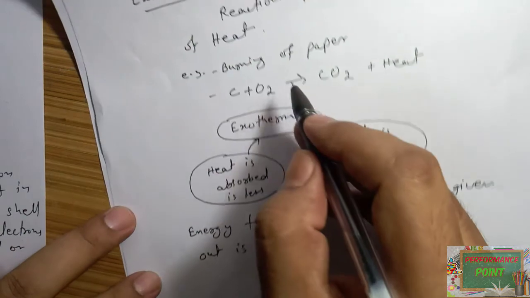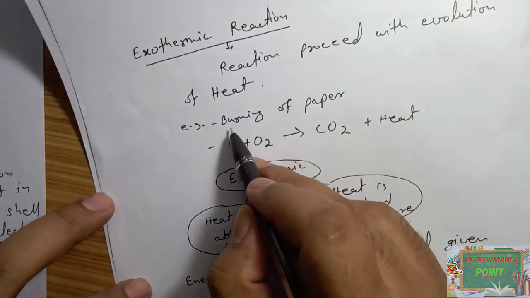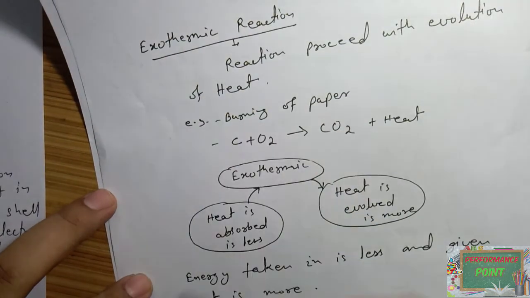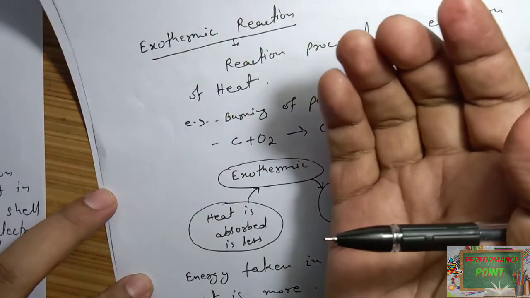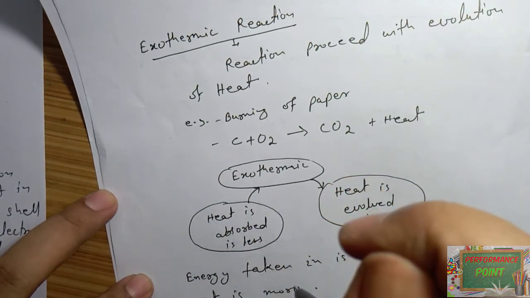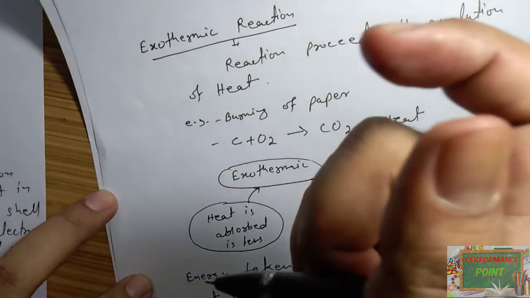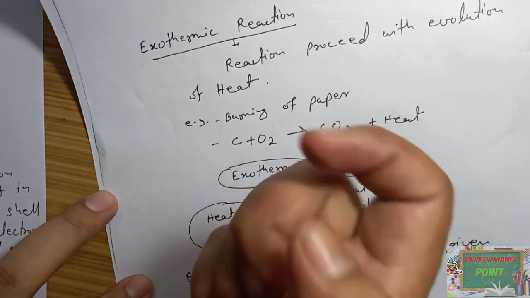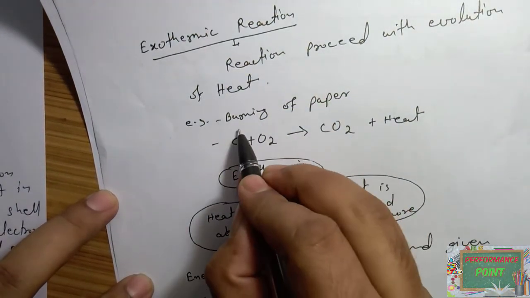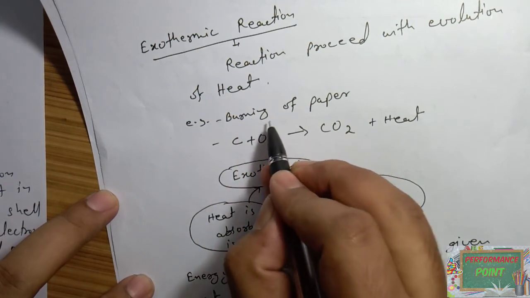Basically, let's understand this with the burning of paper. For burning, we need some energy to start the reaction, like we need a matchstick, the fire. Fire is a type of energy. So energy is needed to burn the paper.